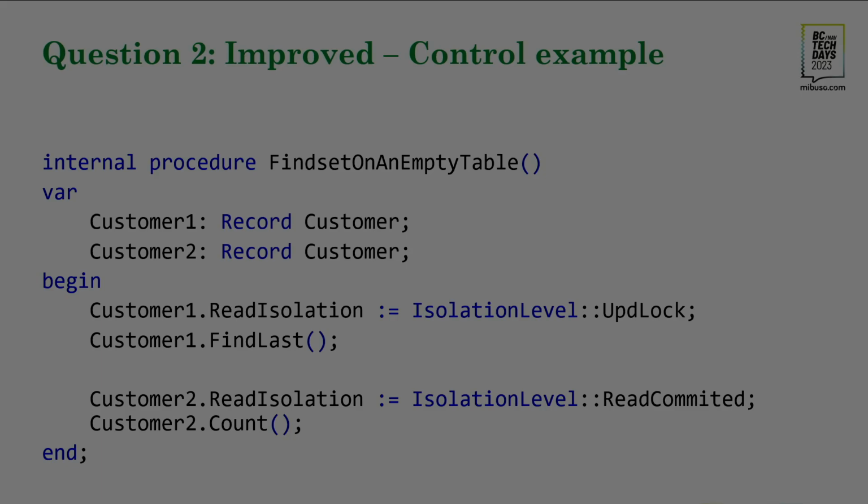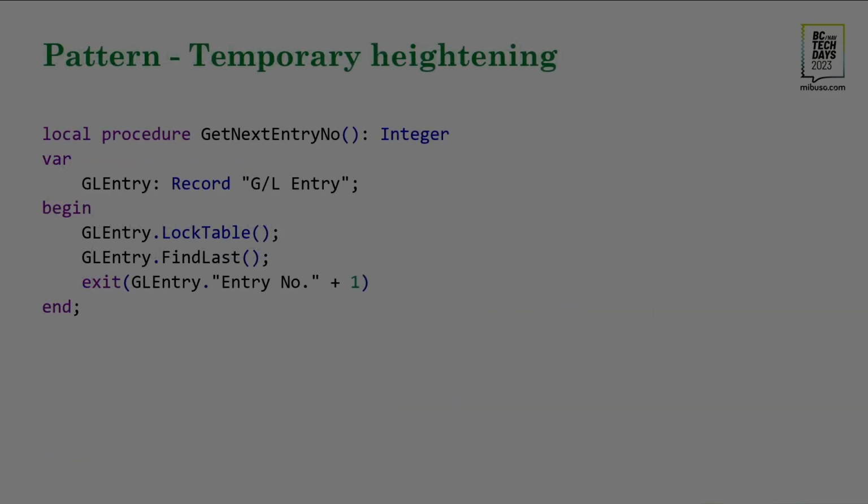This way, we are just going to lock the last record on Customer 1, and we are also not going to lock anything on the second instance. It's a very good thing to specify it on Customer 2 that you want to read uncommitted, because you may not know in which state you are, just to avoid the maybe state, which may or may not lock. So this was a simple optimization that is going to lead us into the pattern that we have here.